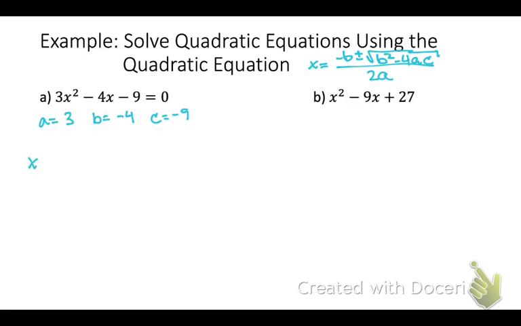So X equals, says negative B, so that's the opposite sign, yes? 4. So it's 4 plus or minus b squared, so 16, minus 4 times a times c, all over 2 times a. 3.